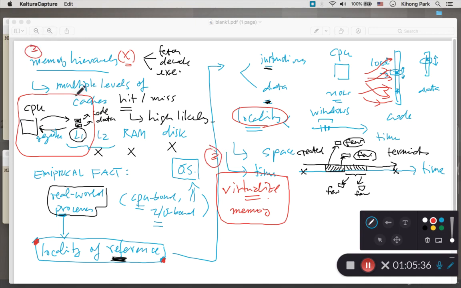But how does it relate to this illusion that we gave to every process that they own the entire memory? Well, the instructions here we are going to assume are going to access memory using virtual addresses. So this guy speaks virtual addresses.